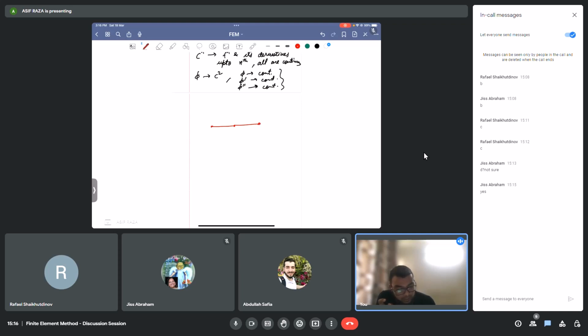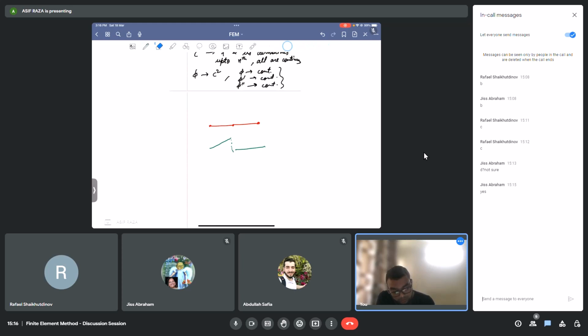is continuous for a particular element. It's continuous within the element, but it's not continuous for a different element. Like there is a jump for a particular function. Let's say this is for the first element, and this for the second element.